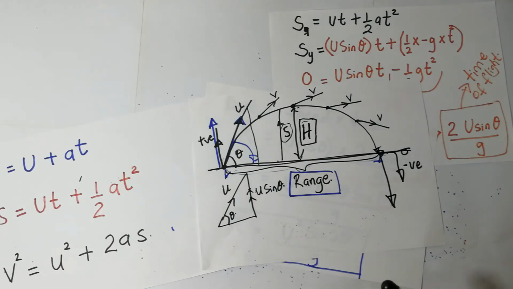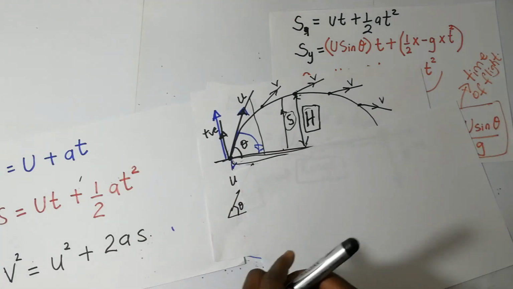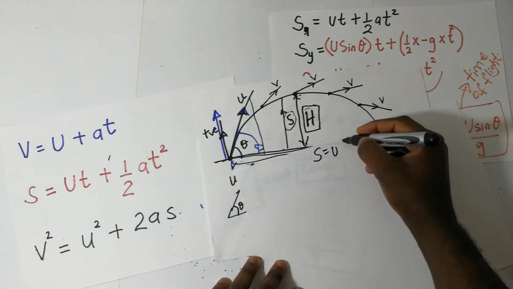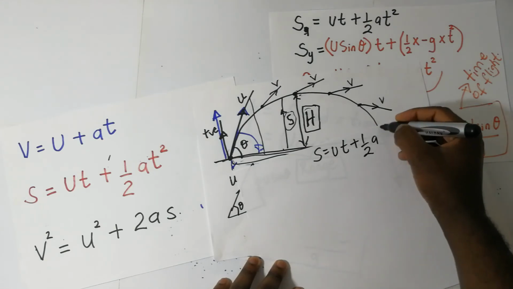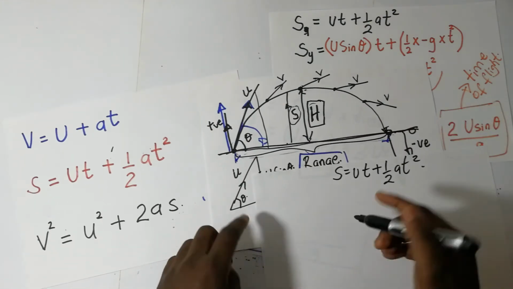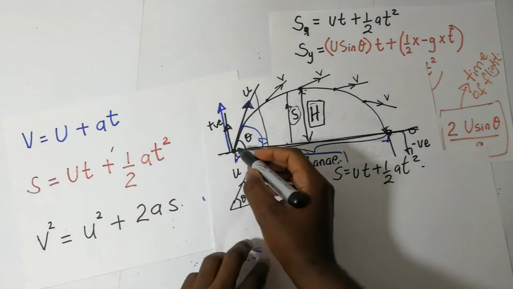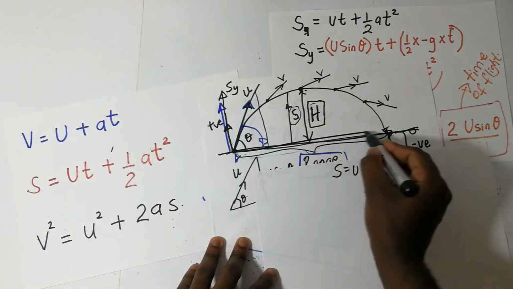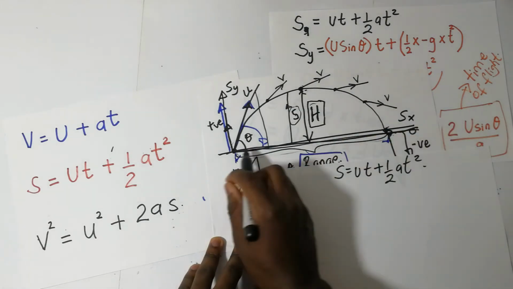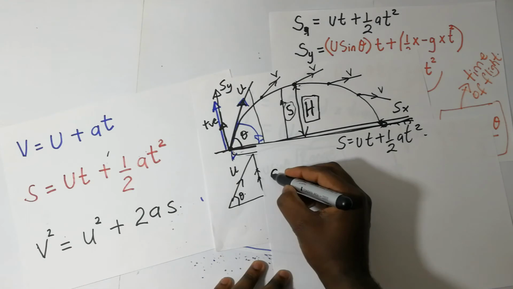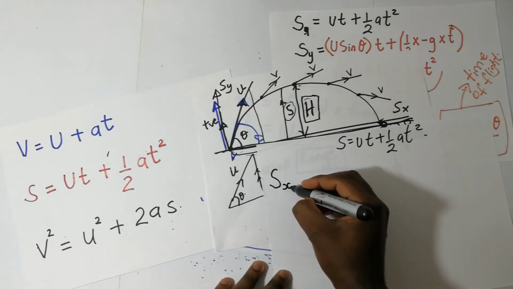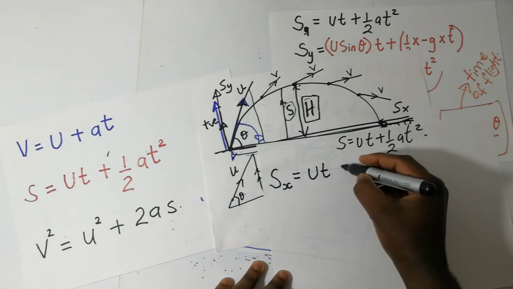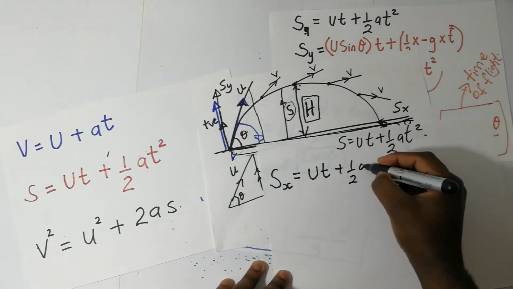This is how it goes. We know that s is equal to ut plus a half at squared. If this is displacement in the y direction, then this range is displacement in the x direction. So displacement in the x direction is given by ut plus a half at squared.